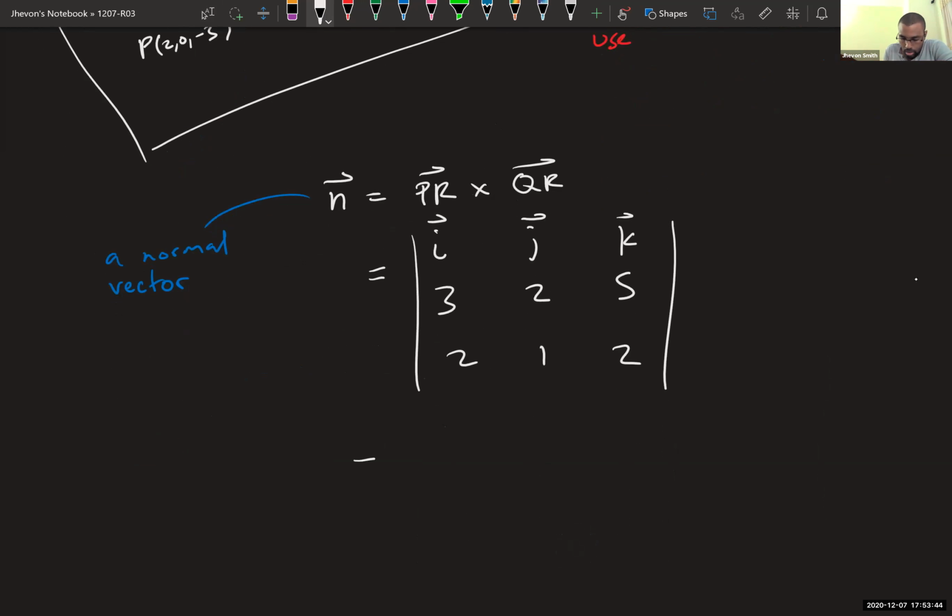Now you block out the i column. This will be 4 minus 5. Block out the j column. This would be 6 minus 10. Block out the k column. This would be 3 minus 4.